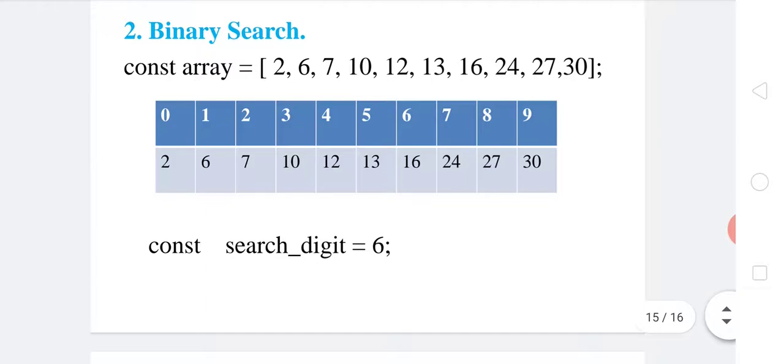Now location 1 contains 6 and the search value is 6. 6 is equal to 6. Yes, the number is found. Here 4 operations are required to find this particular value. This shows that there is a logarithmic relation between the number of operations performed and the total size of an array. Thank you.